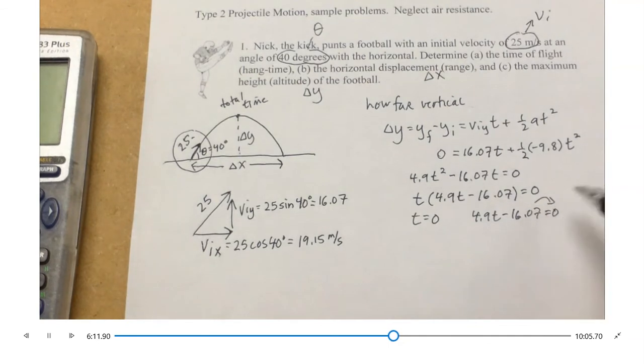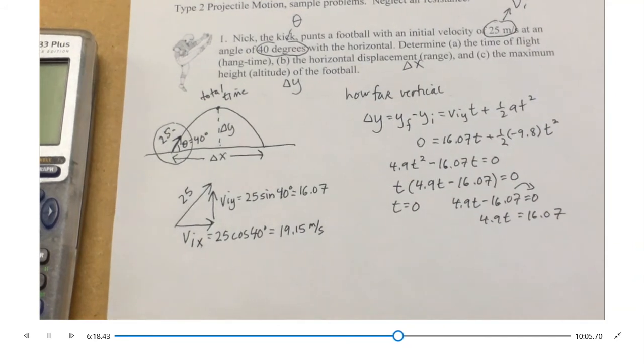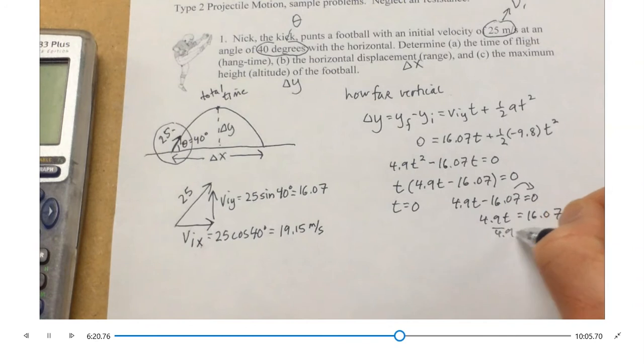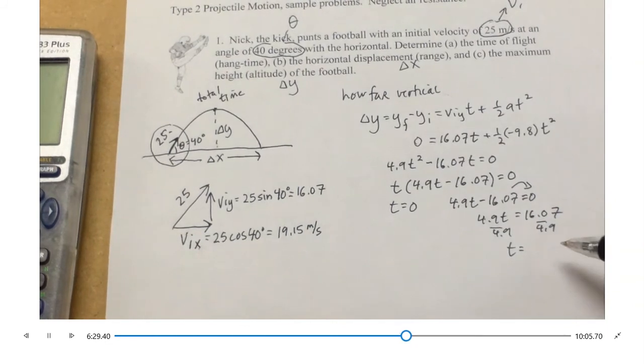We can put this on the other side. Follow the mathematics, please. Divide through by your 4.9 on both sides. And then we have our time equal to 16.07 divided by 4.9. Now when you do that in your calculator, you should get around 3.28 seconds.